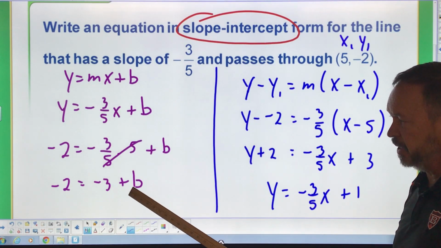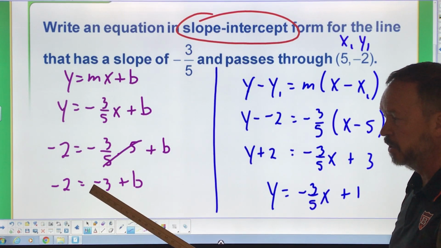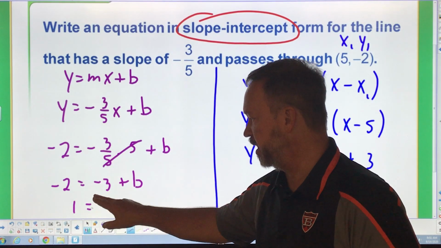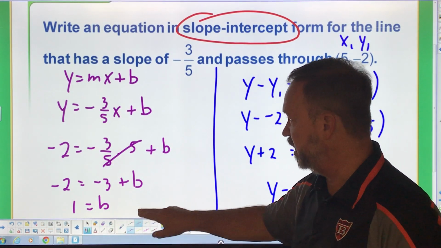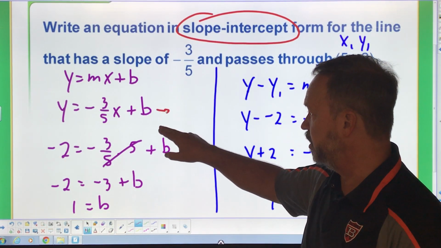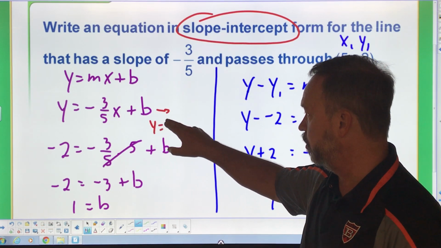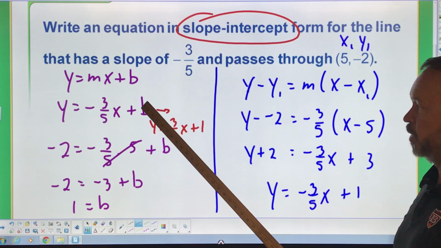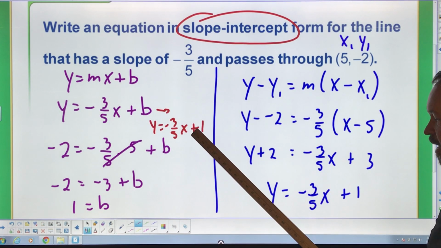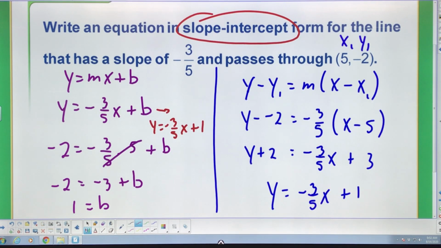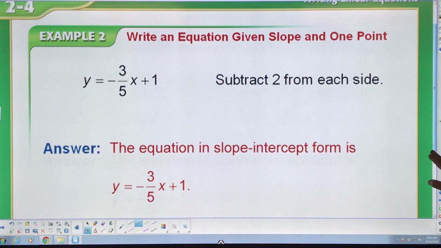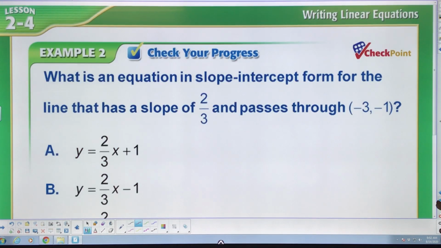So to isolate the b, I add 3 to both sides, I get 1. Which means this equation turns into y equal -3/5 x plus 1. Because the b was what I was hunting, I found it, I put it back in, I got that. It's the same thing I got here. So it's 2 ways to do the same problem. We got it right. Of course we did.